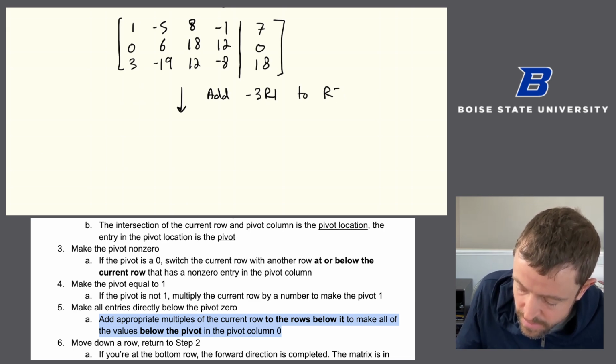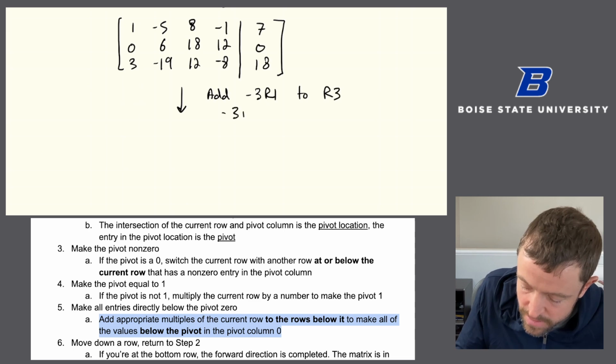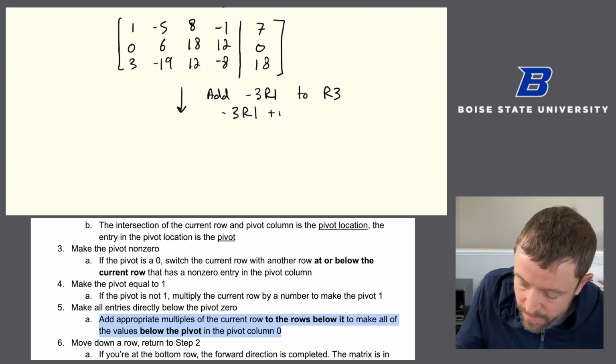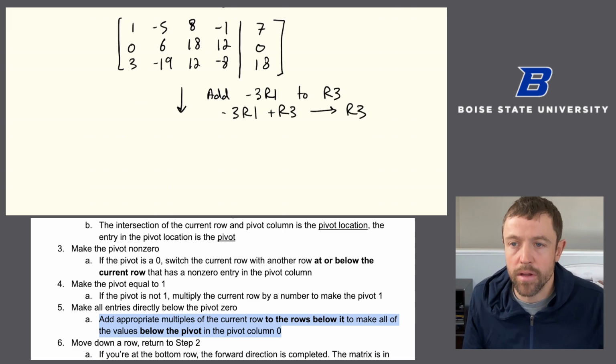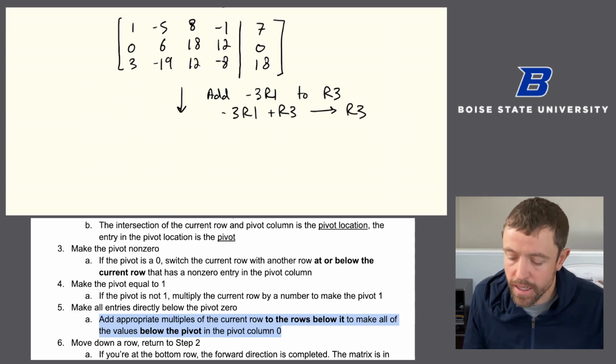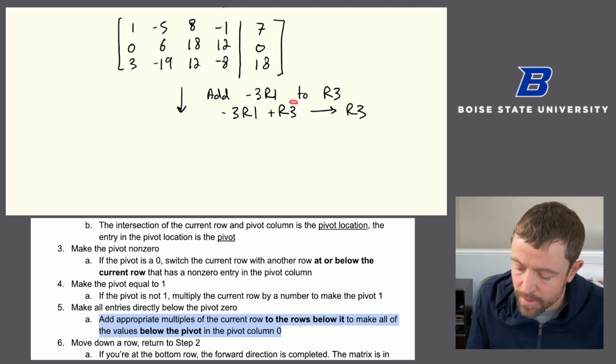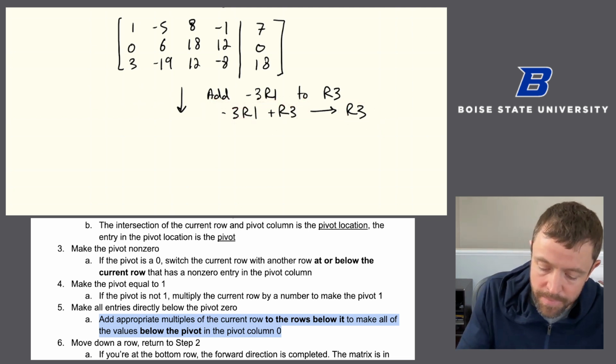I think it doesn't really matter because addition is commutative. I'll write it like this. -3 R1 plus R3, arrow R3, is saying I'm going to add -3 row 1 to row 3, and I'm going to replace row 3 with that.